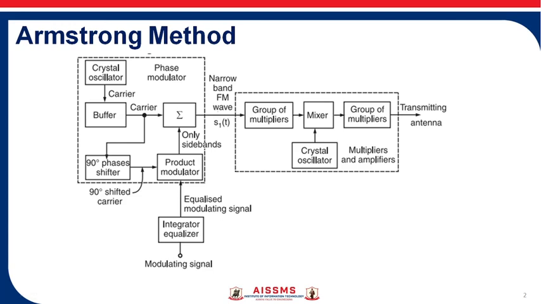The signal you are getting at the output of that phase modulator is nothing but the frequency modulated signal. Only this difference is there, and so this method is called the indirect method of generation of the FM signal. Then this FM signal, the frequency modulated signal, is applied to the group of multipliers.